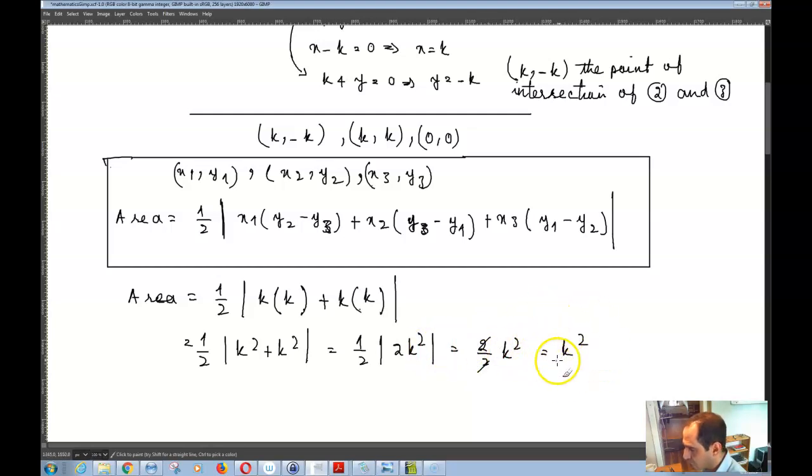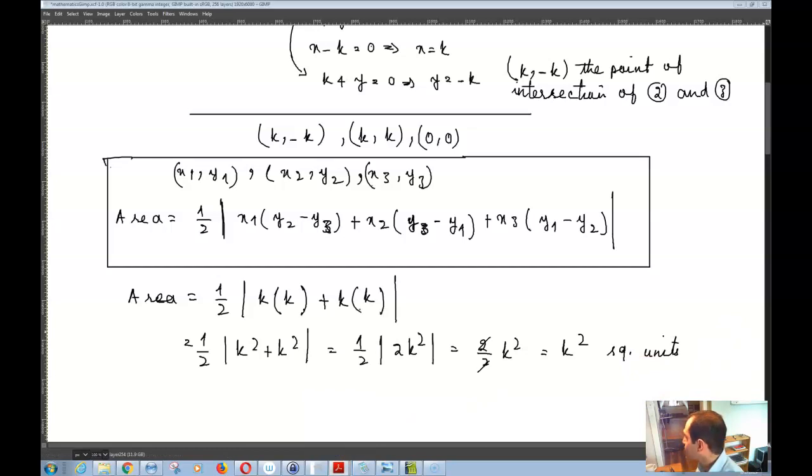So the area of the triangle is k squared square units. So let's take a look at the solution here. The solution is k squared square units.